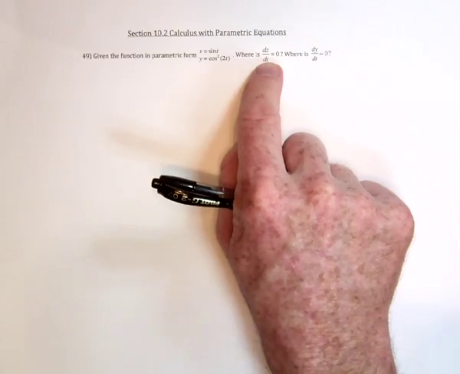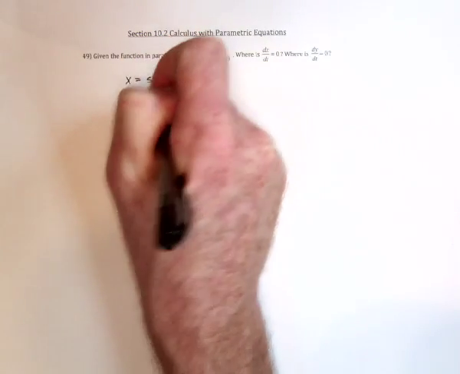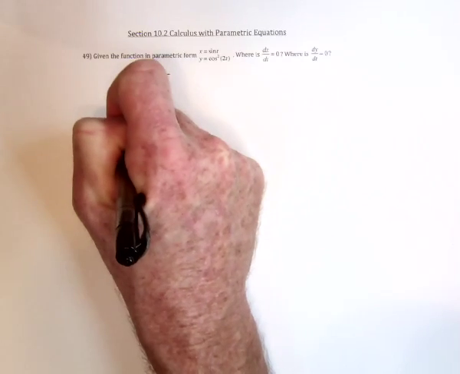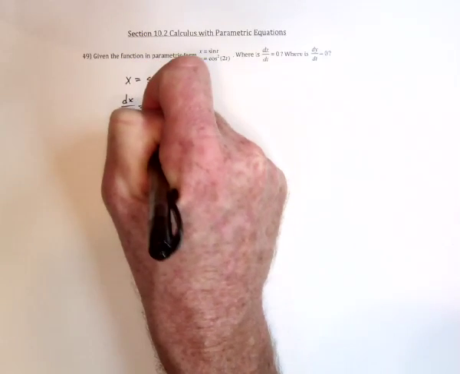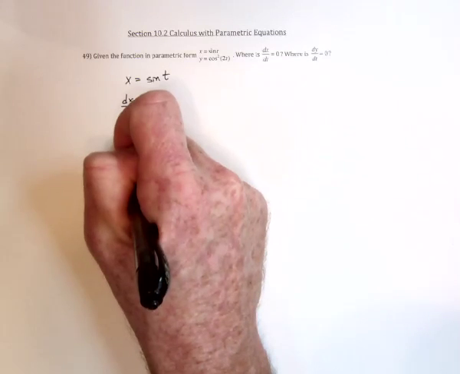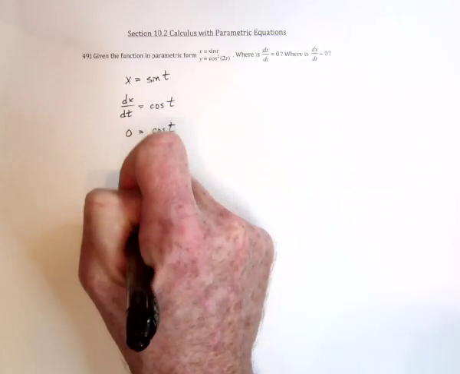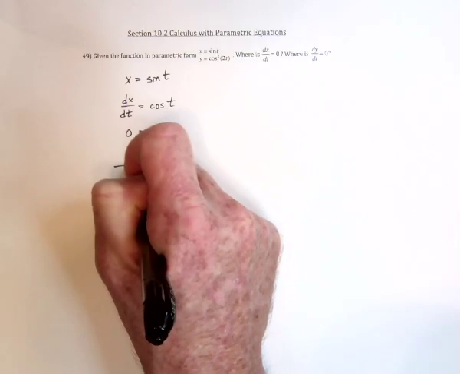So in here, where does dx dt equal 0? Simply take x is equal to sine of t. So the derivative of x with respect to t will be cosine of t. Set that equal to 0. Think about the cosine graph.